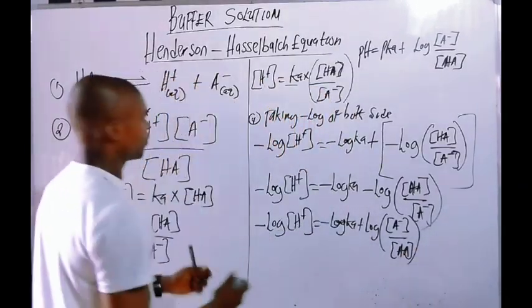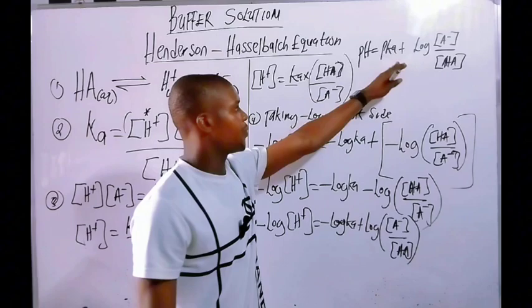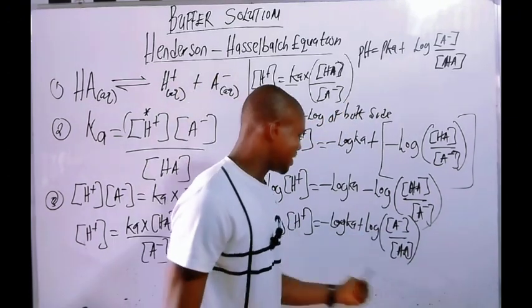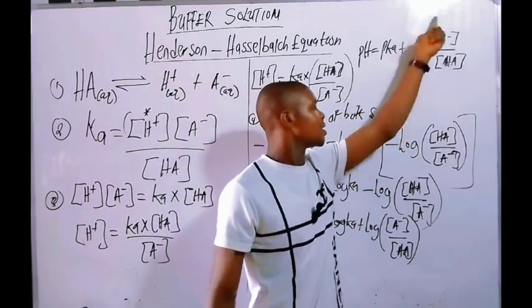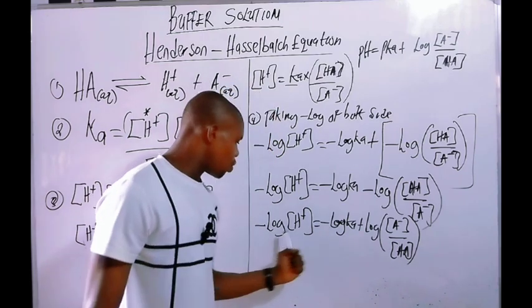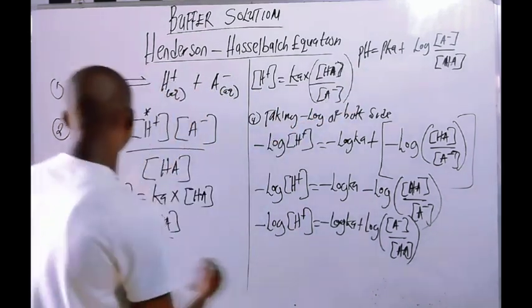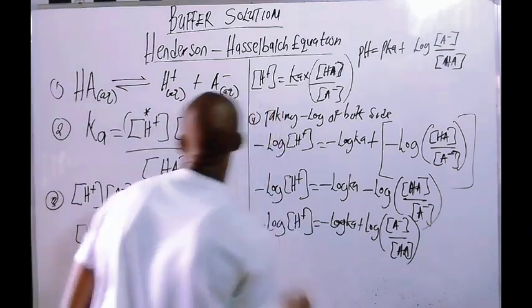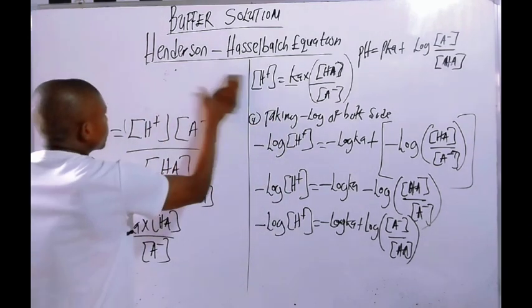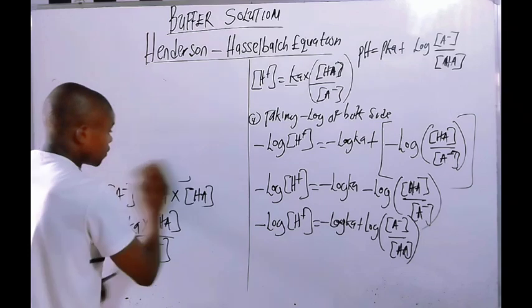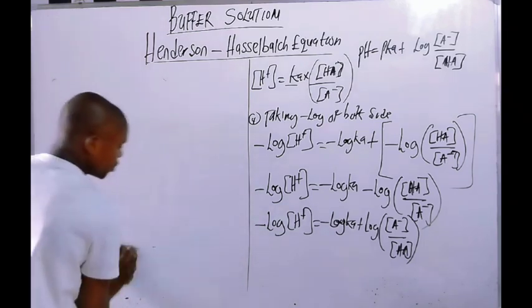Now I want to do the last step here, because here we have pH and pK. If you check very well, the minus log H plus is the pH. So we have to change to pH and pKa.